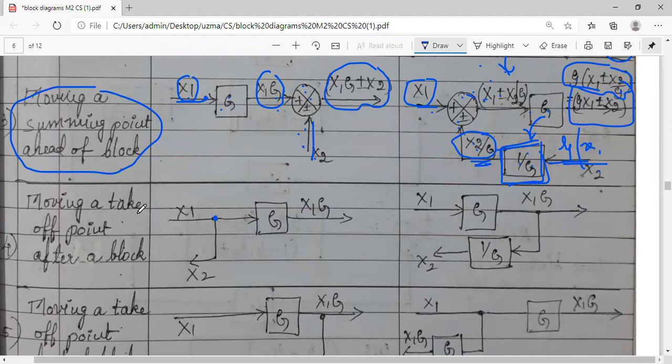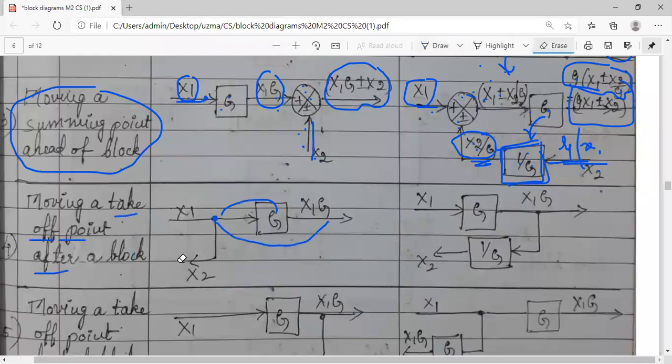The term is takeoff point. So the rule is we can shift this takeoff point either before or after. This fourth rule is after the block. If you observe the original diagram, the takeoff point is just before the block. Now I can shift it after the block.